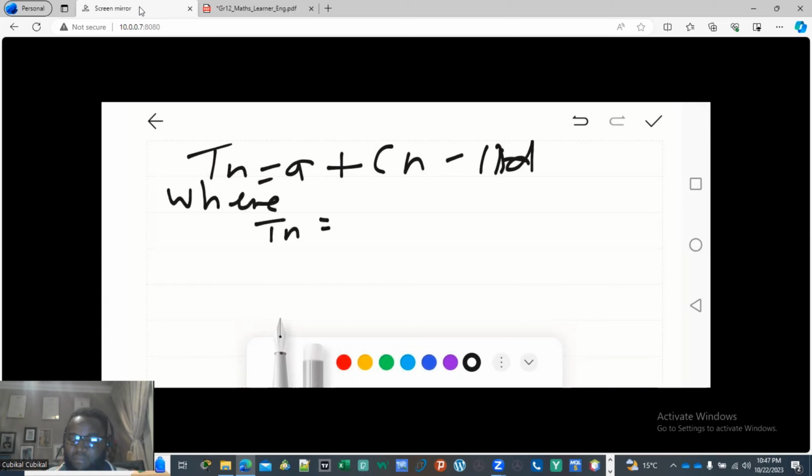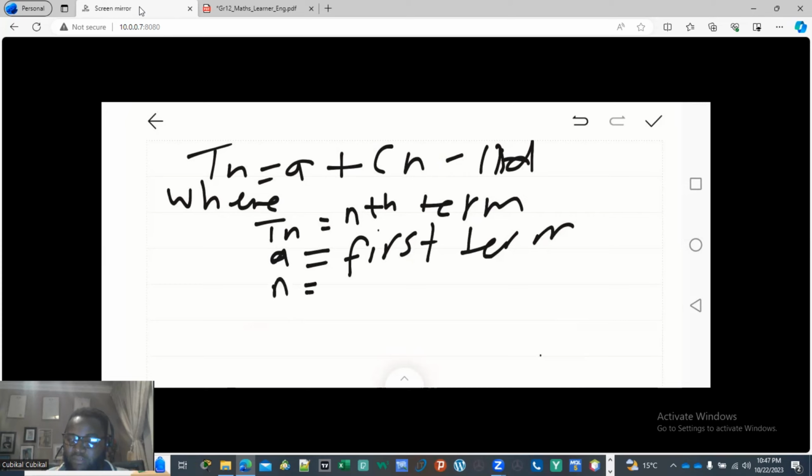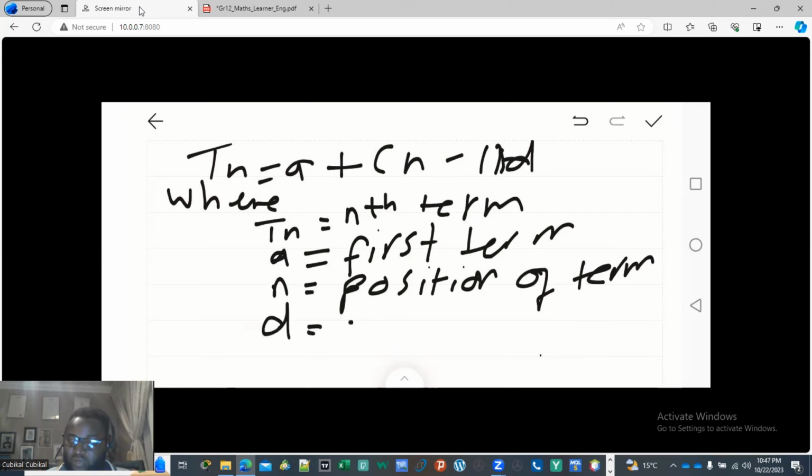Tn is the nth term, a is the first term, and you have your n as the position of the term, and d is your common difference.